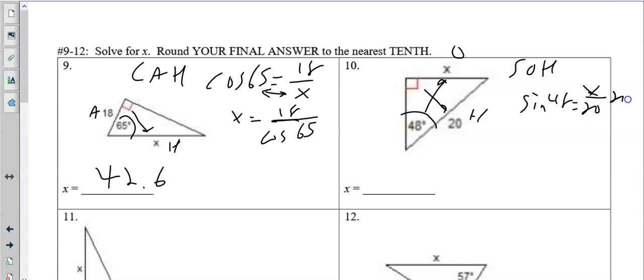We simply multiply by 20 and we type this in our calculator. 20 times sine of 48. Now remember, if you type in sine of 48 first times 20, make sure you close those parentheses. Okay? And when you do that, you get 14.9.